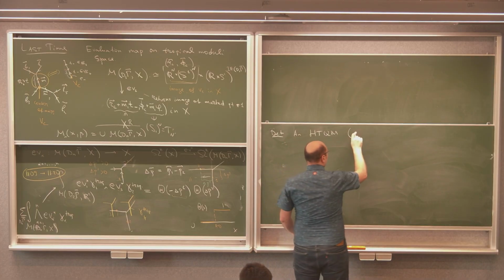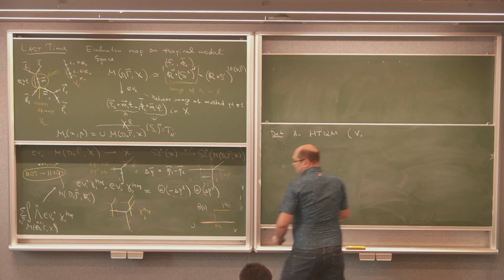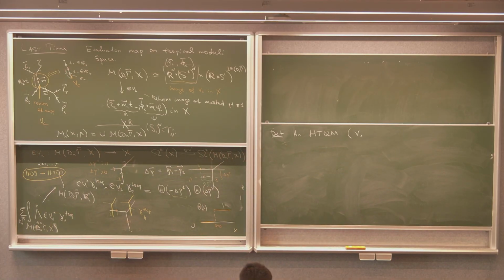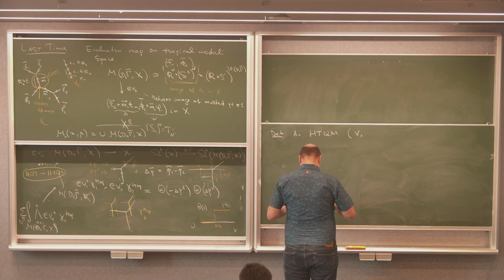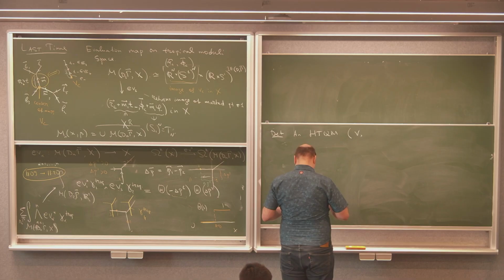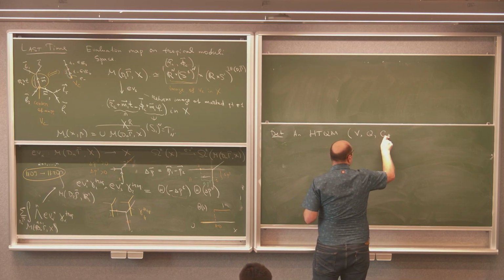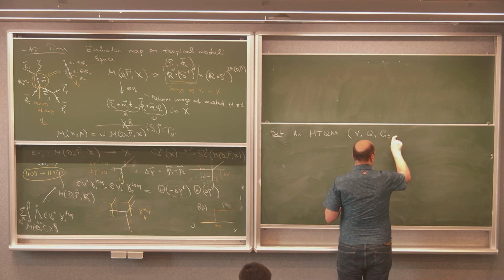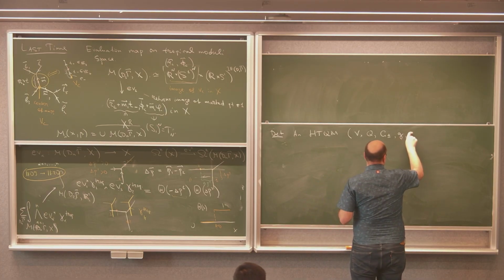So our HQM is labeled by a vector space V. Okay, let me check to write it in the correct order: D, Q, G plus minus, G R.